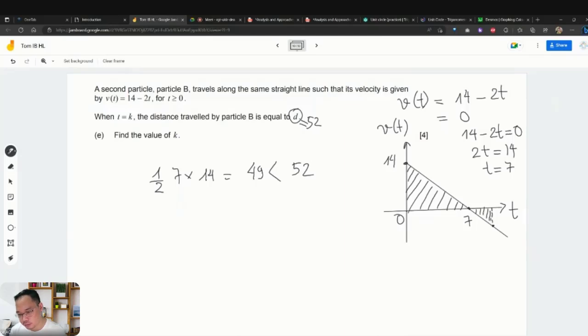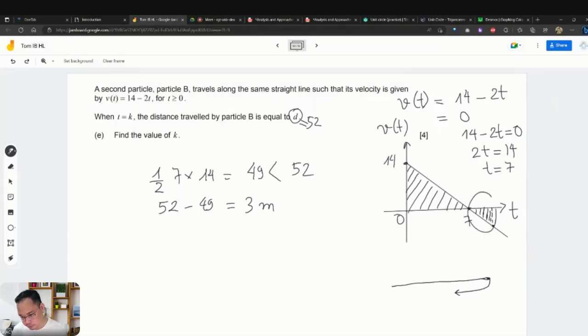The velocity decreases to 0 at 7 seconds, then reverses direction, going backward another distance of 3 meters, 52 minus 49. That is the distance the object travels backward, the bottom part here.